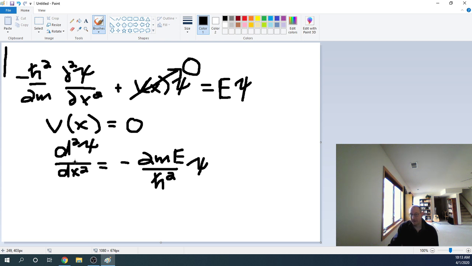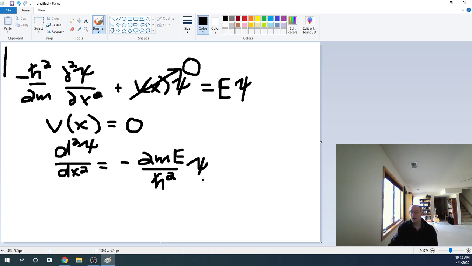It's a second order differential equation, but basically it's saying take the derivative of psi twice. When you take 2 derivatives of psi, you get psi back with a minus sign in front of it with a bunch of constants in front. So it's some negative number times a constant times the original function back.